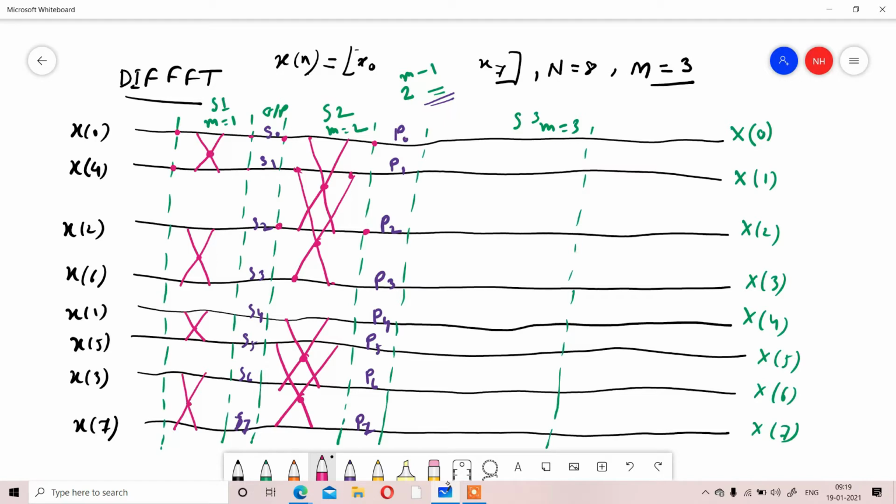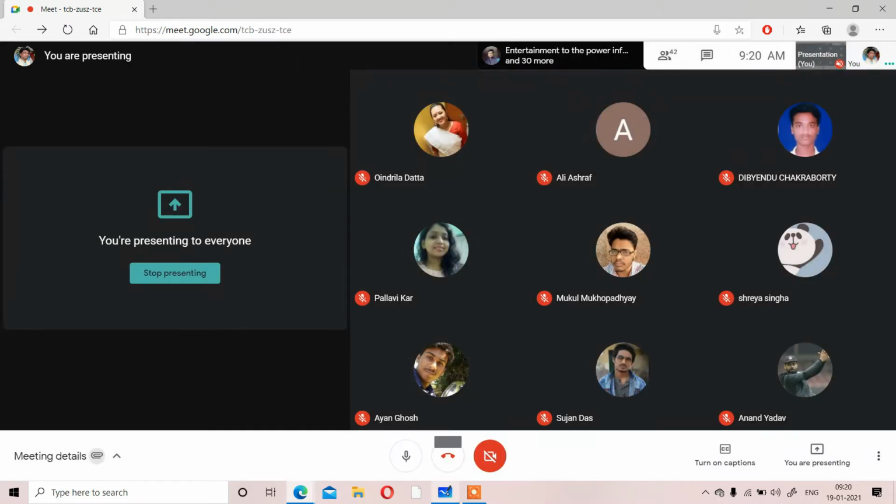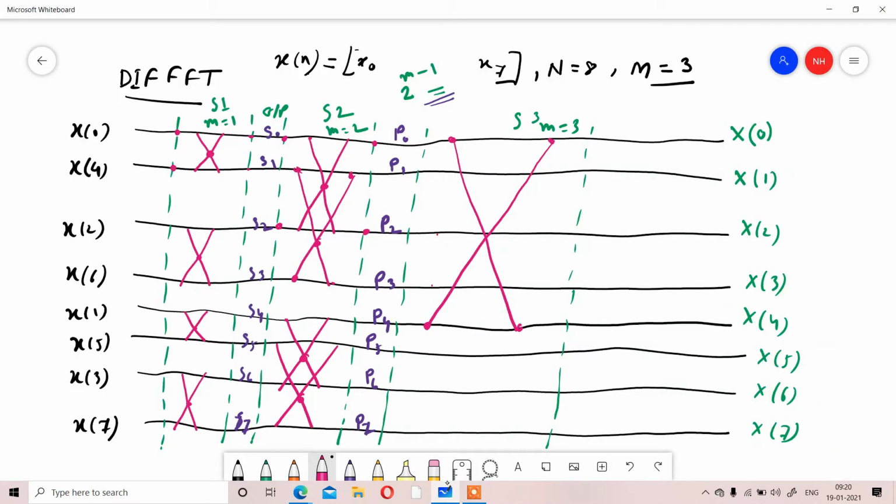So the first bit will be connected to the fourth bit after it, that is first, second, third, fourth. So P0 will be connected to P4, and with respect to that you will get your output. And similarly P1 with P5.